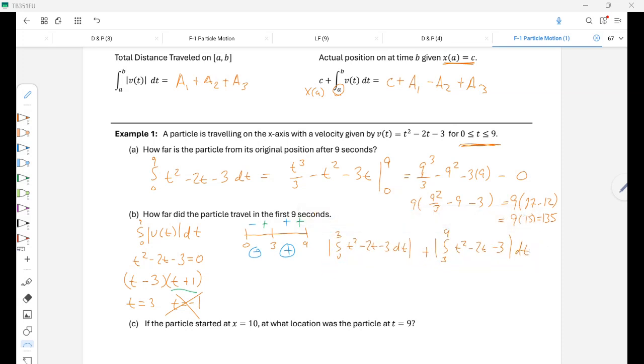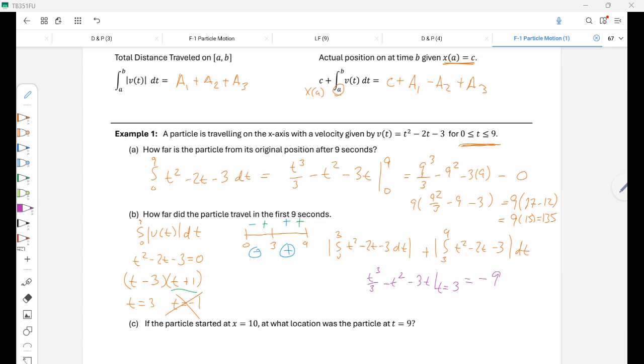And the only number we need to plug in is 3. So in the interest of saving space, t cubed over 3 minus t squared minus 3t evaluated at t equals 3 is -9 according to Joseph. Yeah. So let's see, we've got 9 minus 9 minus 9. Sounds like -9 to me.